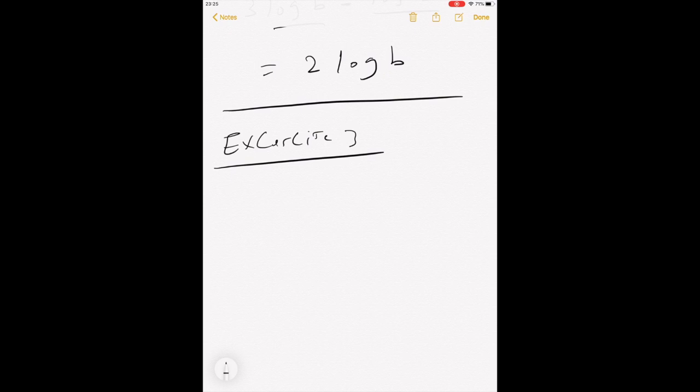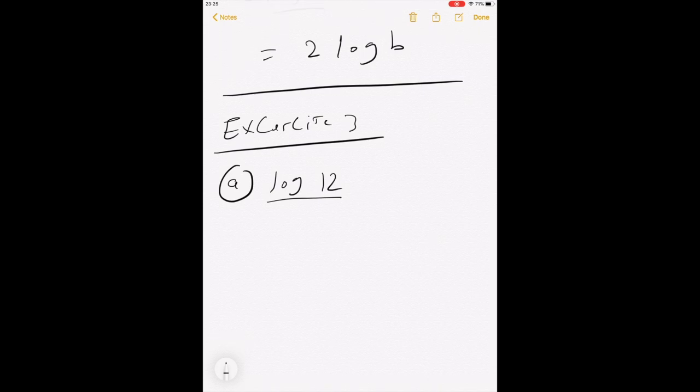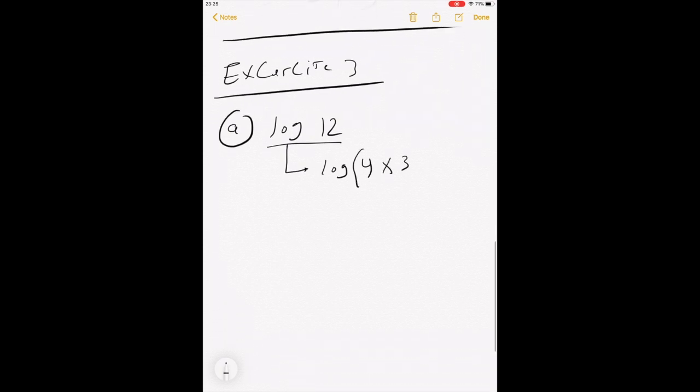Let's look at the first one. So a, log 12. The rules you learned before will help you to simplify numbers, because log 12 comes from 4 multiplied by 3, and then put the brackets.